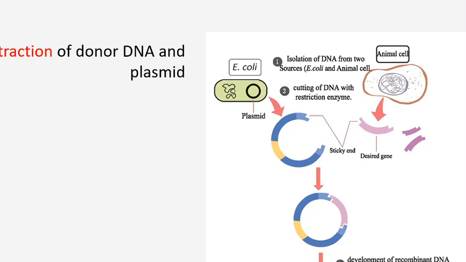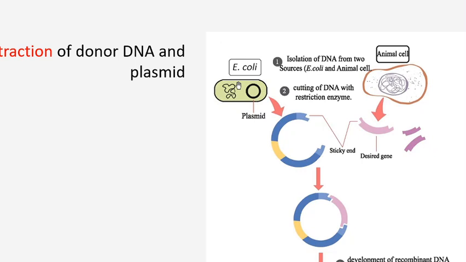So we have collected the DNA from human, and also we have collected the plasmid from E. coli bacteria. What is a plasmid? A plasmid is a kind of circular extranuclear DNA segment found in some bacteria.